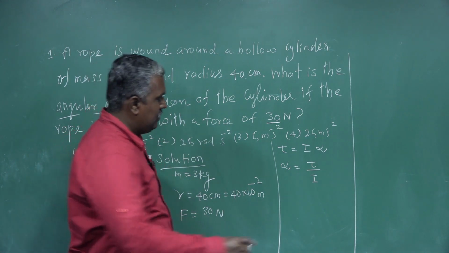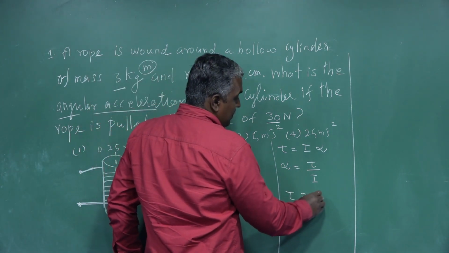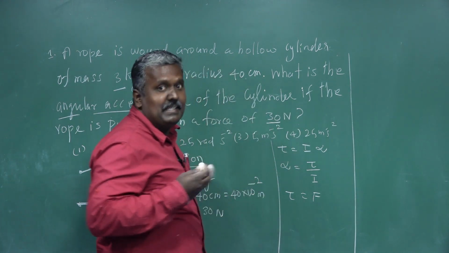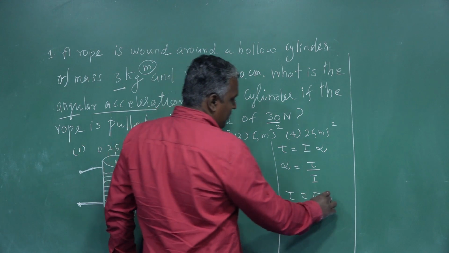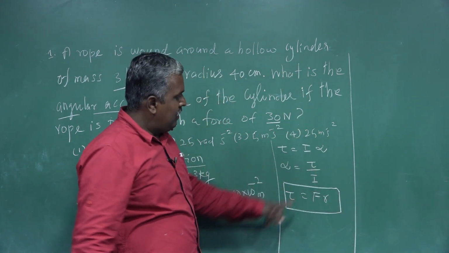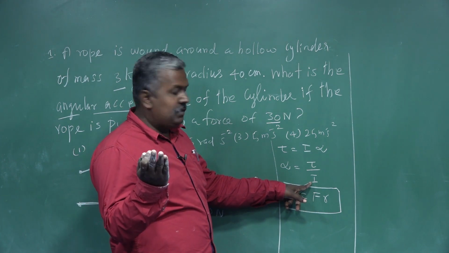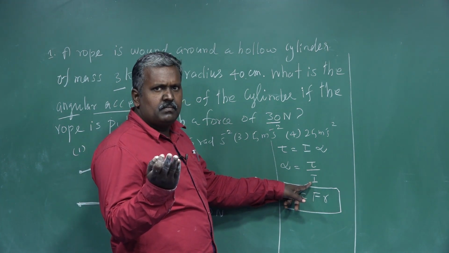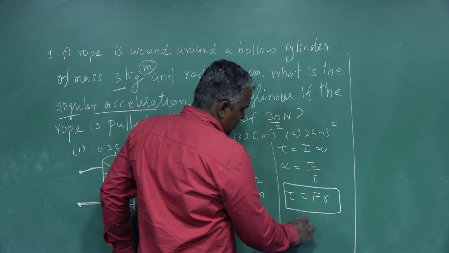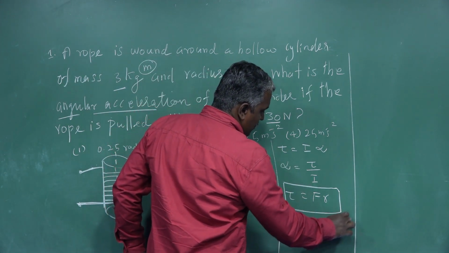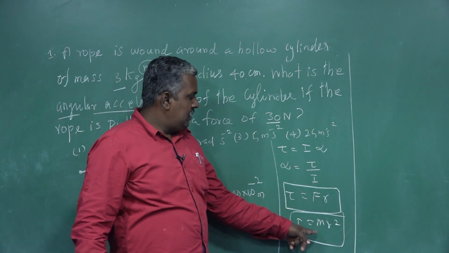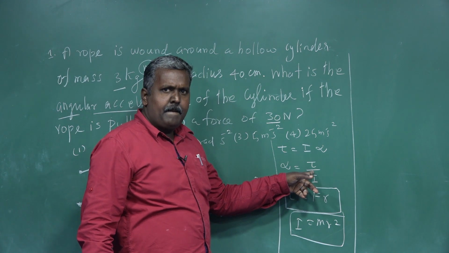Tau is equal to F into D, the general formula, but here D means the radius. So F into R. I is the moment of inertia, so I is equal to M R square. Substitute in this formula.